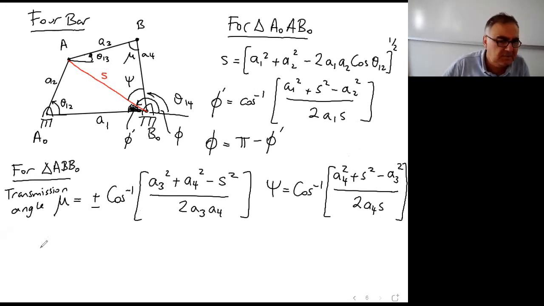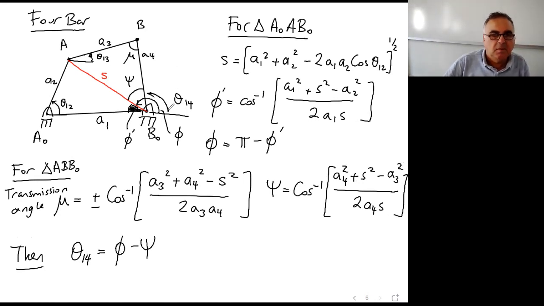Now we can find this. Then theta 1,4 is simply phi angle minus the psi angle.